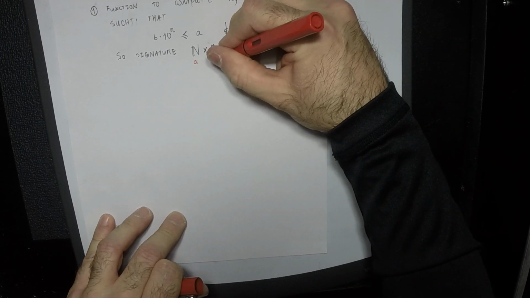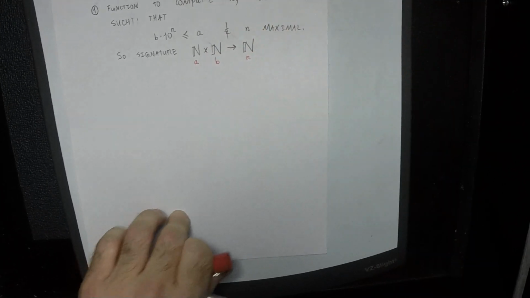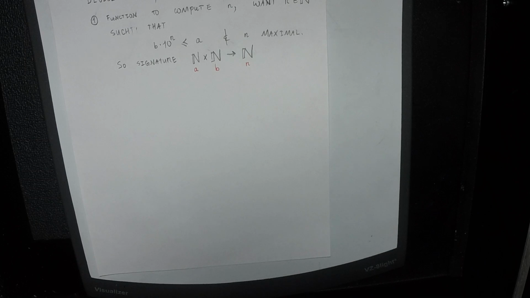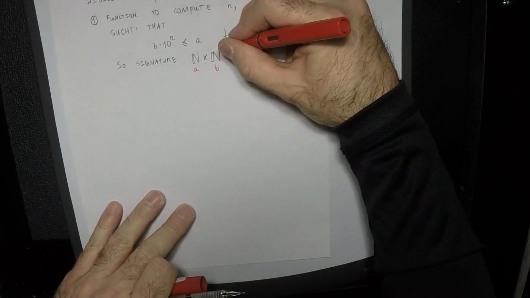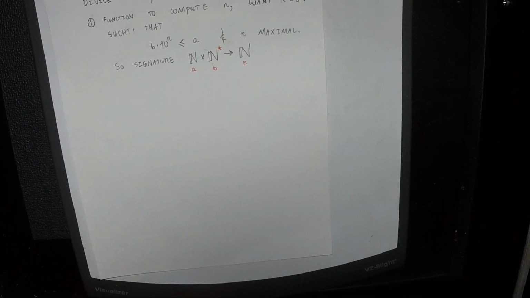This one is the divisor, and this one is n. So then, strictly speaking, it's not really naturals cross naturals to naturals. We need to make one minor modification. Because again, this is division, and we can't divide by 0, right? So then really, by the second argument, I'll write n star to mean the naturals which are non-zero.